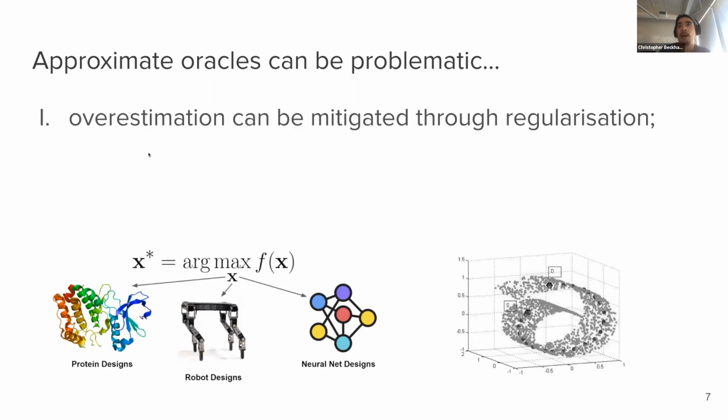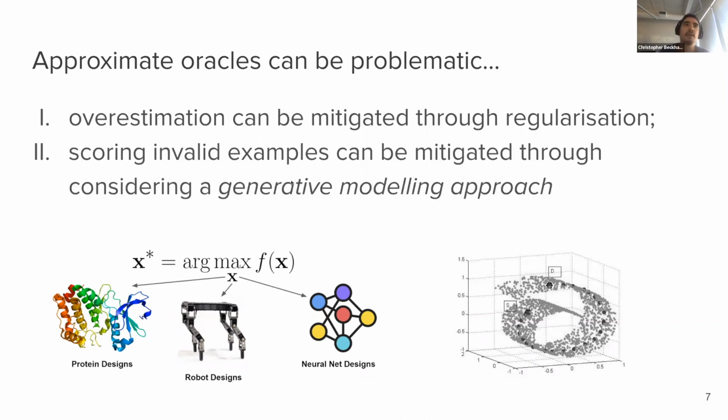And so, to resolve these issues, I'd say that the first problem, which is overestimation, can be mitigated through regularization, right? So if you train this approximate oracle, use whatever regularization you want, weight decay, other regularizers. But really, I want to focus on the second, this whole problem of scoring invalid examples, which you can actually mitigate through generative modeling, right?